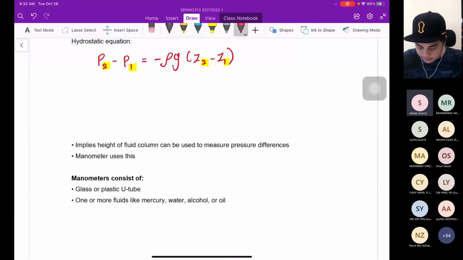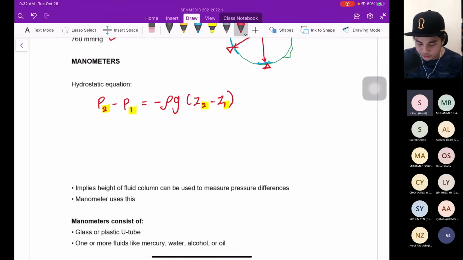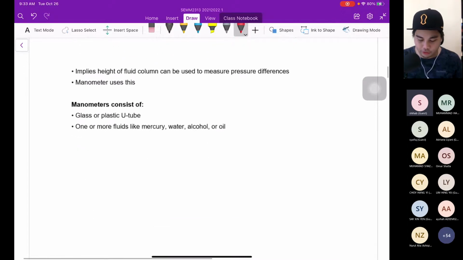This implies that the height of the fluid column can be used to measure the pressure difference. So this equation will be used for pressure measurement inside the manometer tube. A manometer consists of a glass or plastic U-tube.